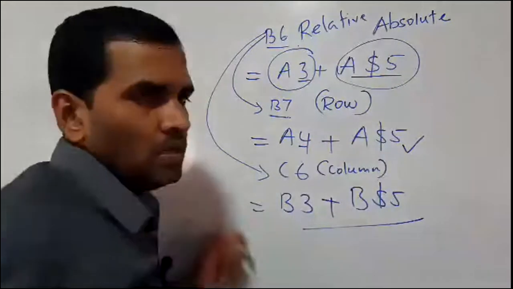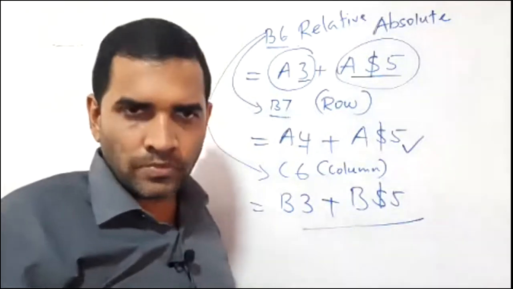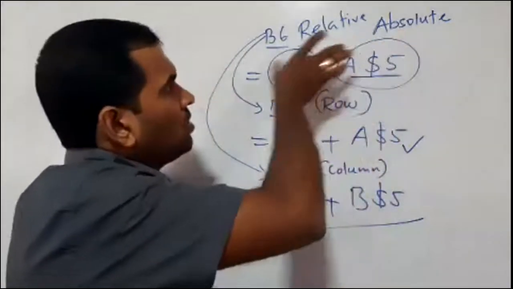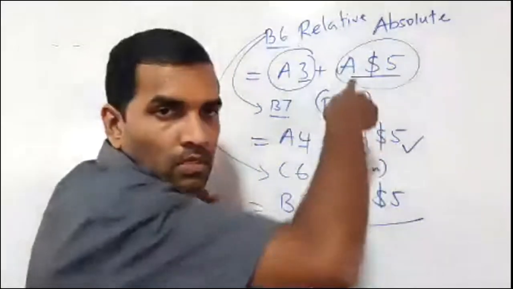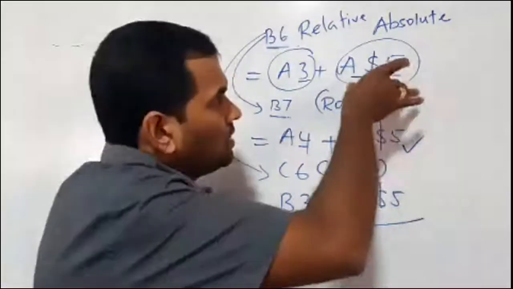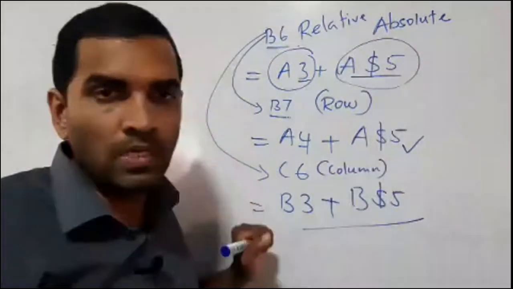But now we have a confusion here, because as I told you earlier, an absolute cell address is not changed. Look here, it is not changed. But when you copy this formula to C6, there is a change. Even though I defined that as not changed, now I could clearly see $5 became $5.